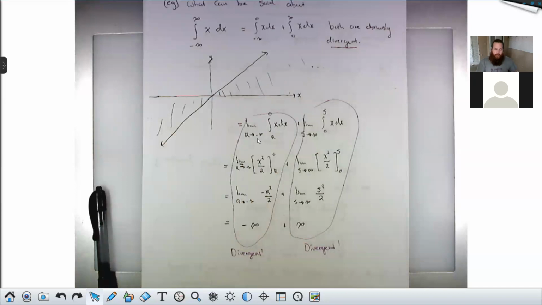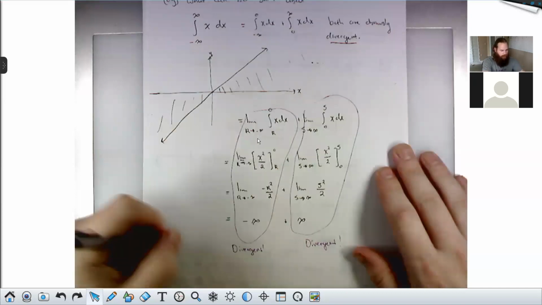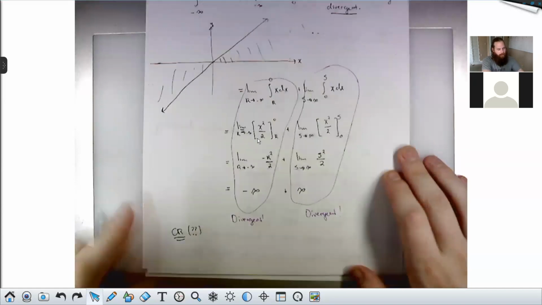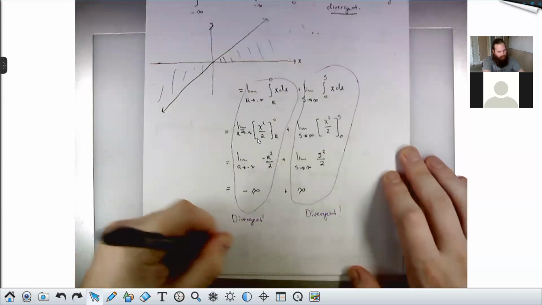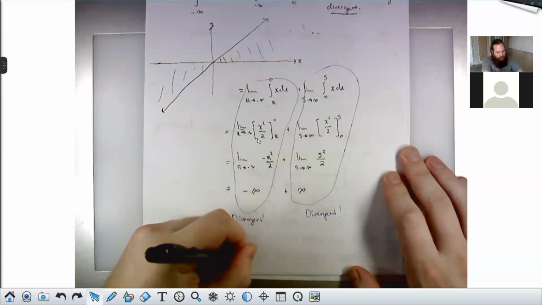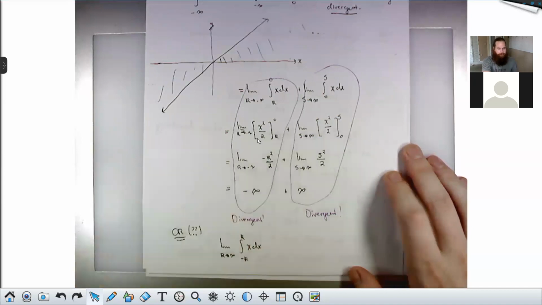So on the one hand, I should say this integral is divergent. On the other hand, I'm going to put question marks here, or can I think of it like this? As the limit r goes to infinity, integral negative r to r of x dx.